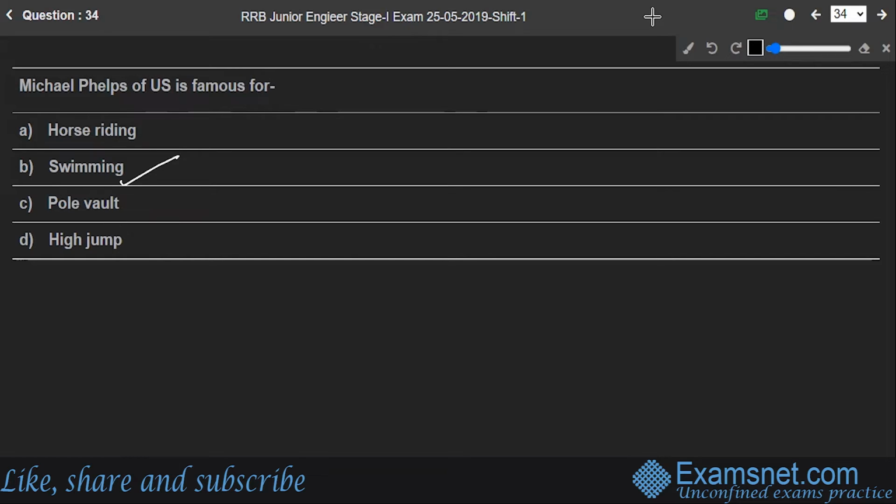He has a breathtaking record of 28 medals in both individual and team events. Out of them, he has 23 gold medals, 3 silver, and 2 bronze in the Olympic Games. He is the individual with the highest number of medals in the Olympics and also the highest number of gold medals.